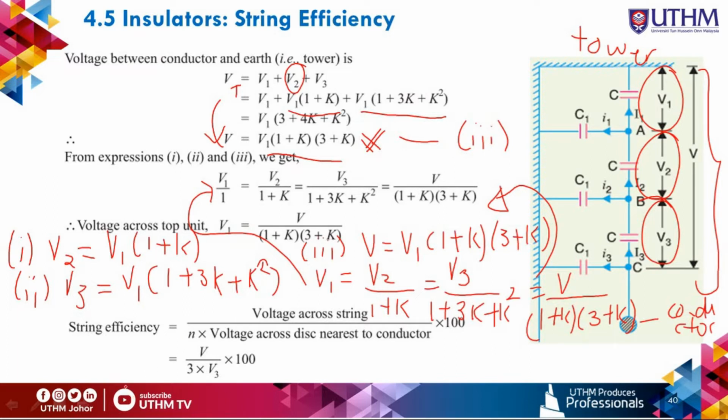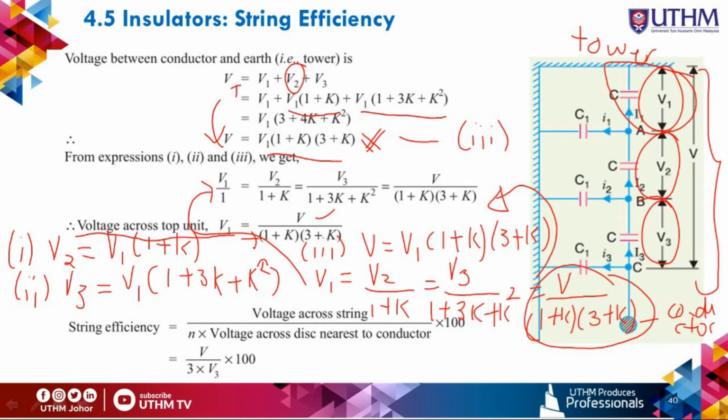From here, we can know that the voltage across the top unit, which is V1, is equivalent to V total divided by 1 plus K times 3 plus K. So that one is the voltage across the top unit.